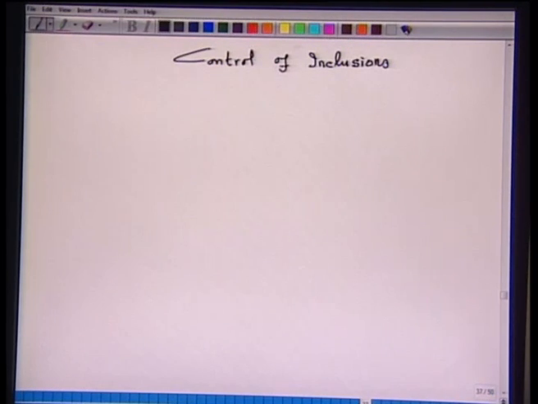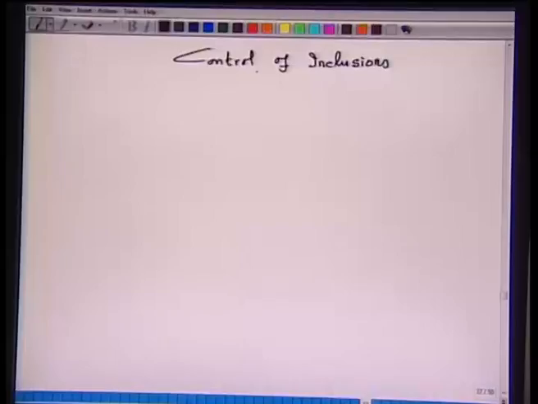A clue for control of inclusion will come from the source of inclusion, that is, from where the inclusion comes, you control it. So, inclusion will not be entering or forming during the subsequent stages. So, what will I do? I will try to make a flow sheet to explain the control of inclusion.